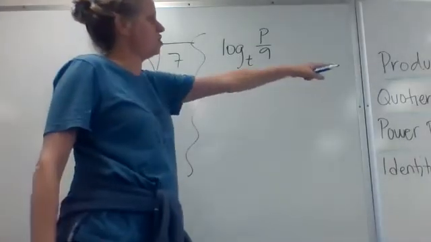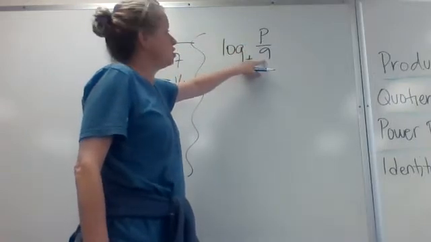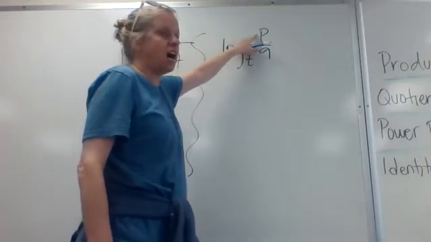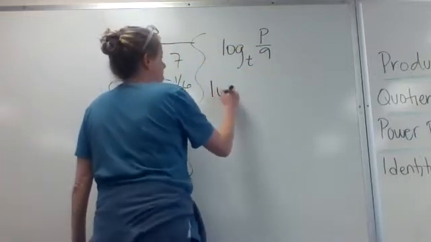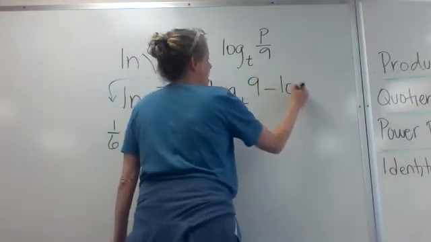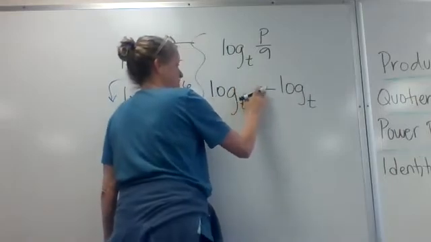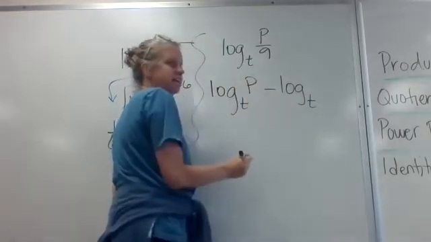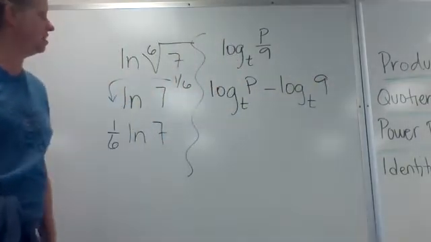So do you see in the quotient rule, when you have one over the other, you can express it as log of the top minus log of the bottom. So I'm going to have log base t of p minus log base t of 9.